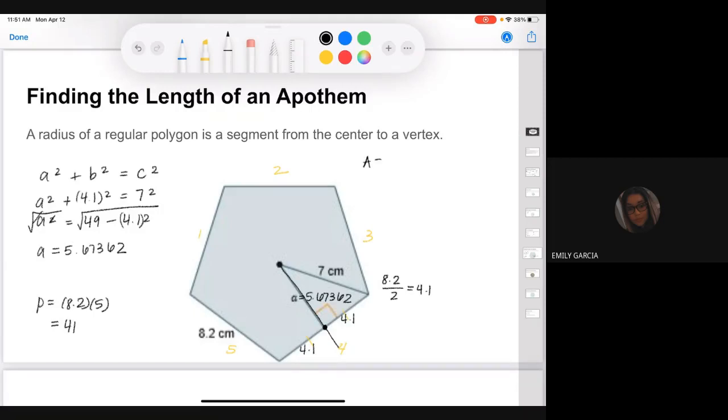My area is equal to 1/2 times my A times P. Plug that in. And what I'll see is that is equal to, into my calculator just to be sure.